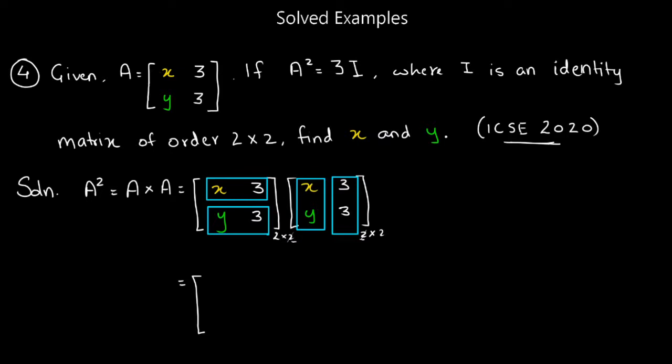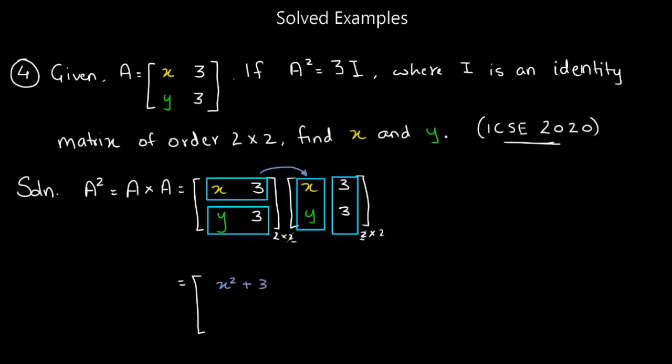Now to find the first row, first column component of our resultant matrix, we will multiply the first row with the first column, element wise. So x into x will give me x square. 3 into y will give me 3y.